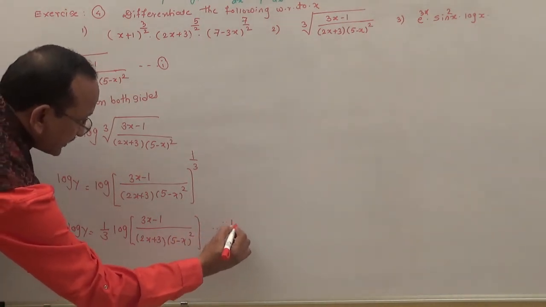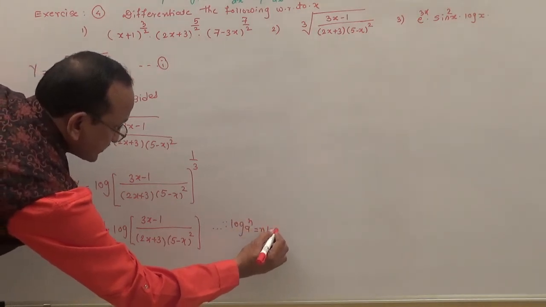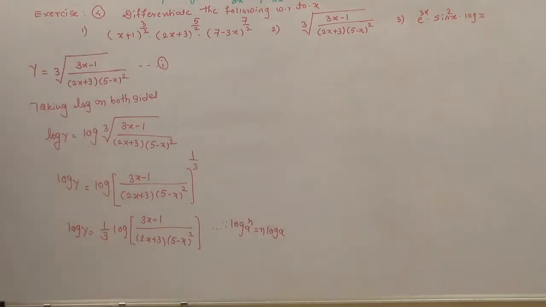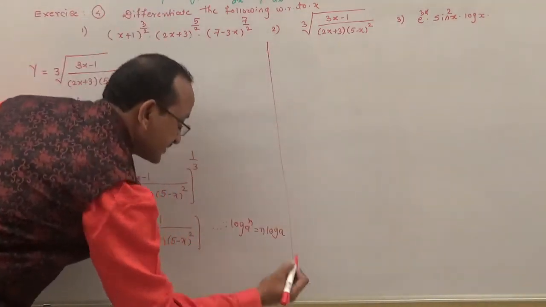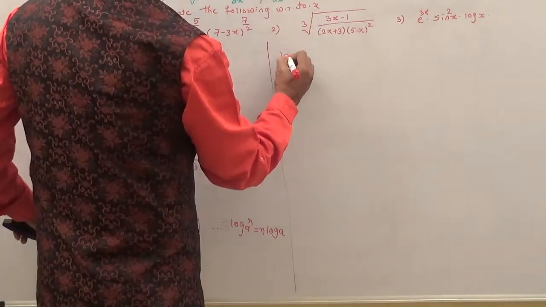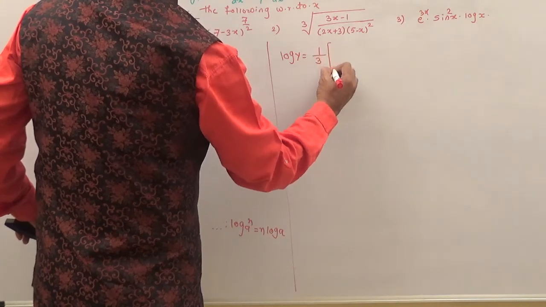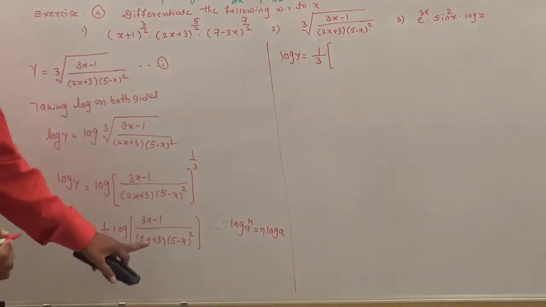So I apply the a raised to n times log A formula. Now again simplify it. Log y is equal to 1 upon 3 times, apply log A upon B formula.